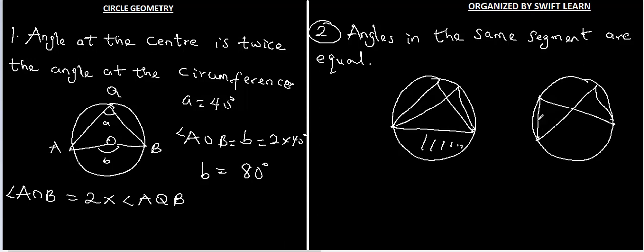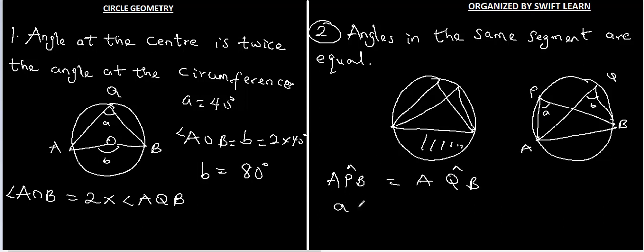For instance, these two are dependent on this. The angle here is equal to the angle here. Let's say the angle here is A, they are on this segment, and the angle here is B. I will tell you with all boldness that APB, this is APB, is equal to AQB.